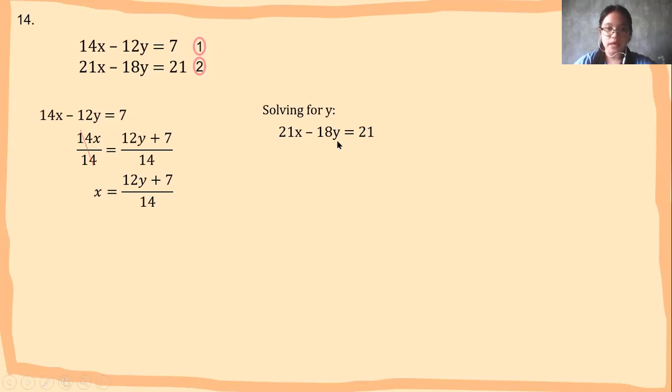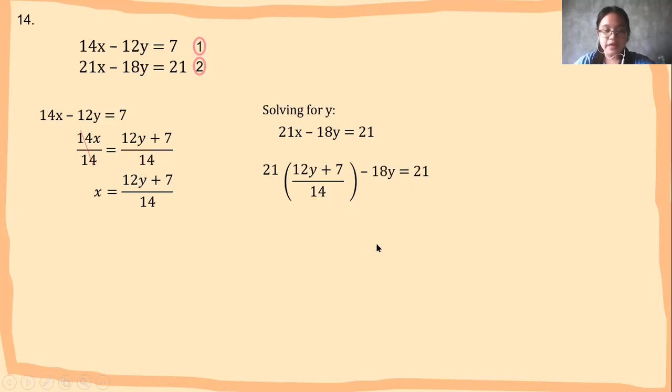21x minus 18y is equal to 21. So 21 times 12y plus 7 over 14 instead of x. We will substitute the x here, then copy the remaining terms: negative 18y is equal to 21.